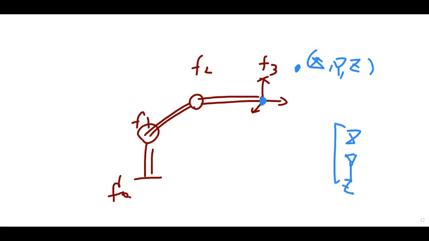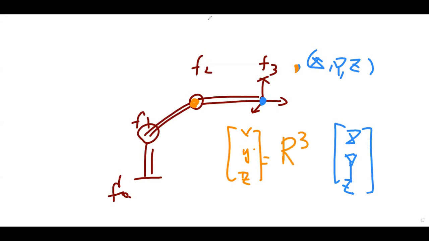Okay, so I want to calculate this coordinate based on frame 2. So there's a frame 2 XYZ you need to know. And that one is your rotational metric observation from this one.